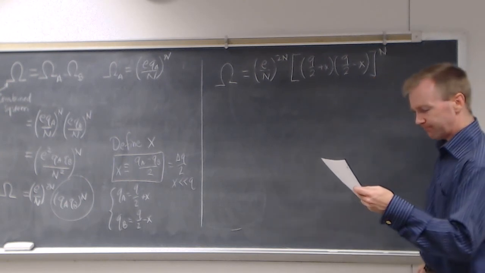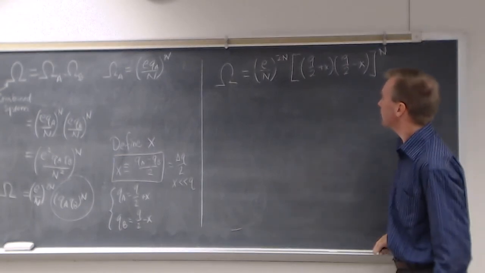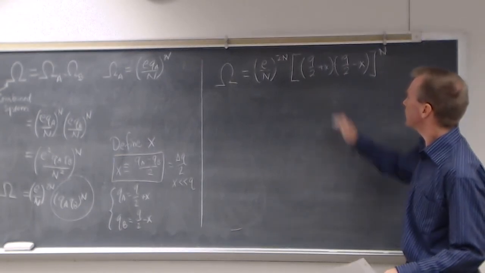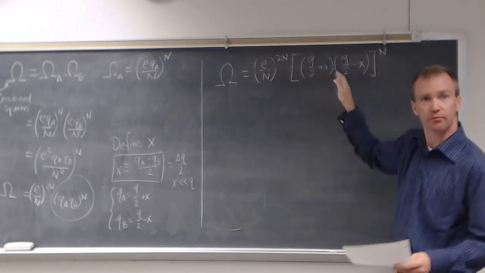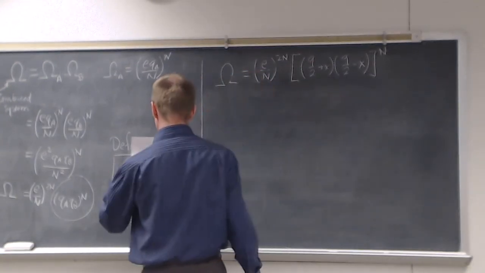Well, it looks like if we multiply these two together, we're going to get some squared terms, and it'll be a bit simpler.